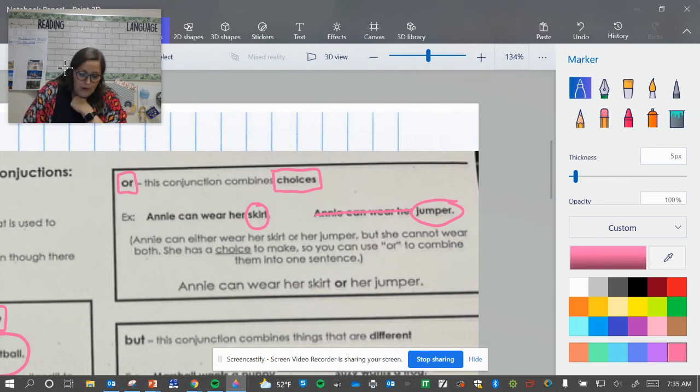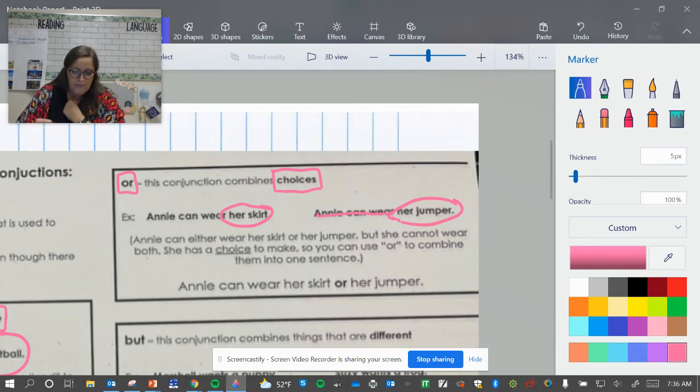So now I'm going to write this first part. Annie can wear her, and then we've got our conjunction or. Oh, it looks like we kept her in there. So we're just going to cross that off. It's okay if you already did it. We're going to say her skirt, her jumper. You could actually say it both ways, but this is just the way it is on the notes.